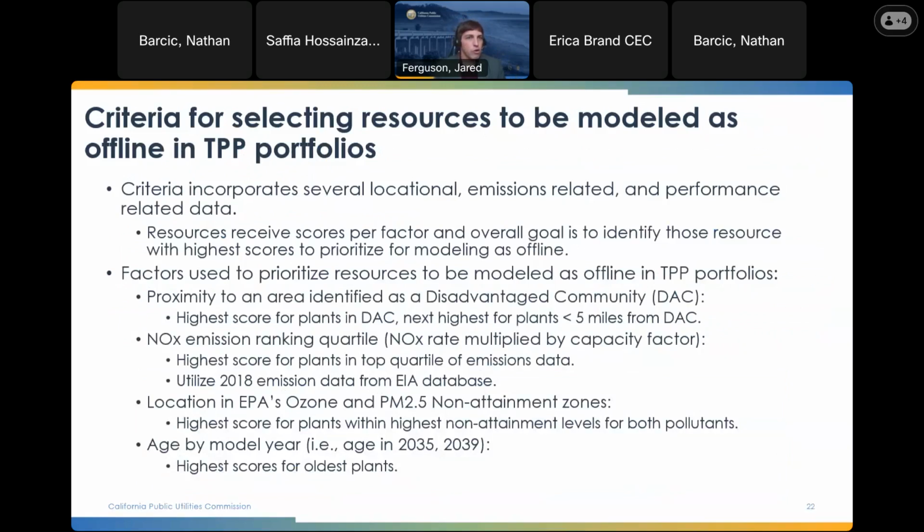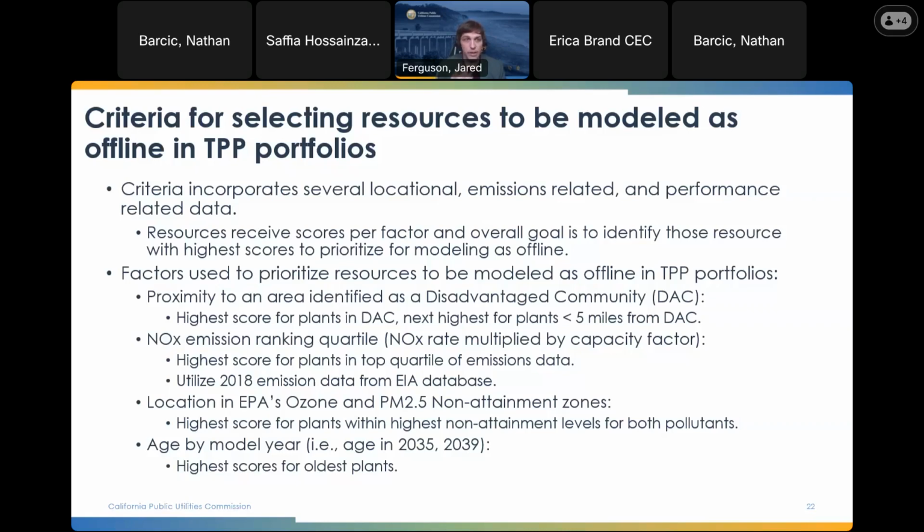So the criteria we are incorporating is a range of criteria of both environmental and pollution impacts, as well as efficiency and performance related data. We're basically giving scores per factor, and we can weight each factor as well, and then use the overall score to prioritize which resources to model as offline in the portfolio.